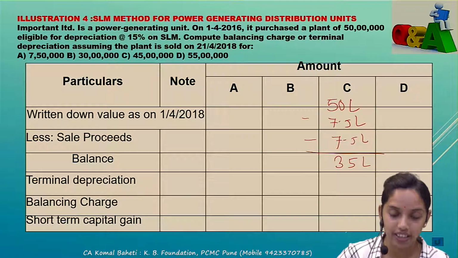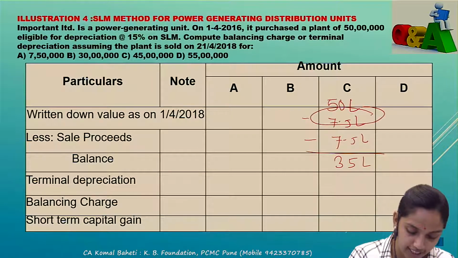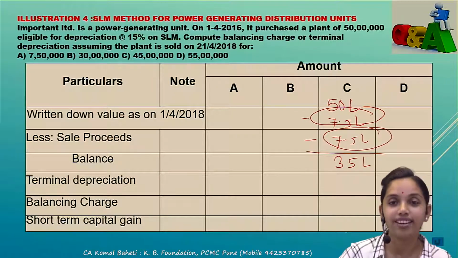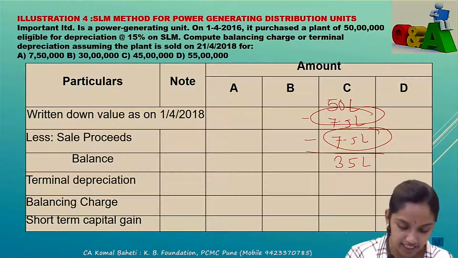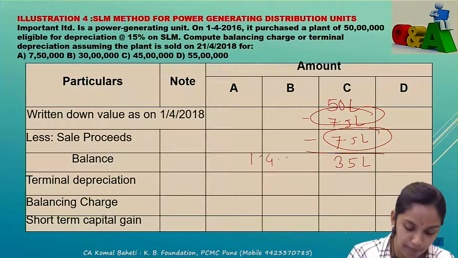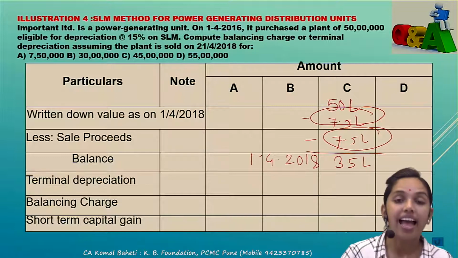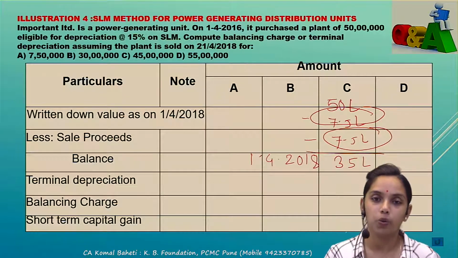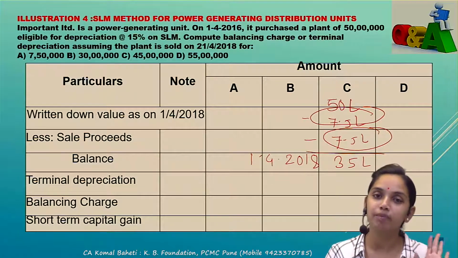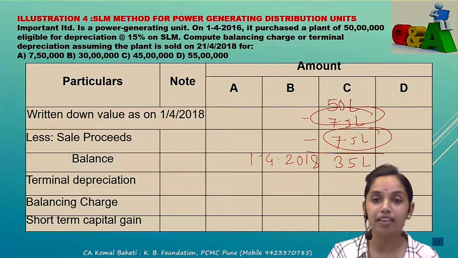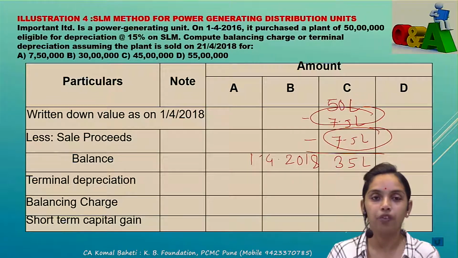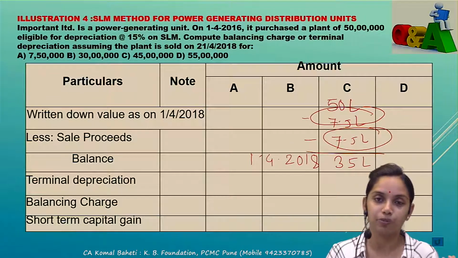Have you clear with it? This is the depreciation for 2016-17 and this is the depreciation for 2017-18, and this is the WDV as on the 1st April 2018. And in 2018-19, you had sold the asset. So first I had calculated the WDV. Are you clear with the WDV of 35 lakh? It's very simple. 15% depreciation. Every year SLM, the depreciation would be the same.